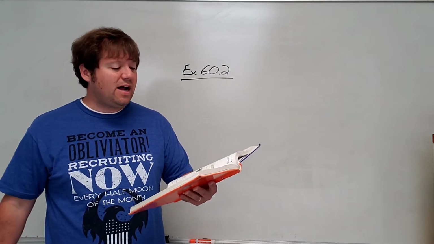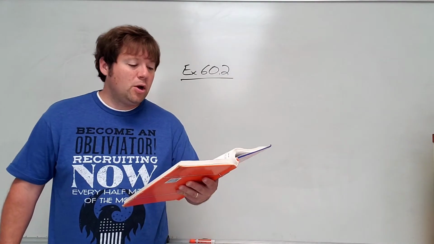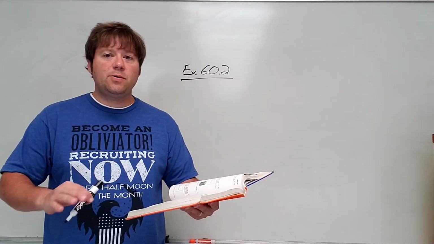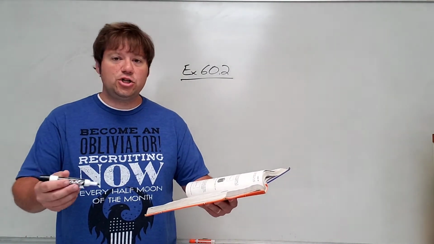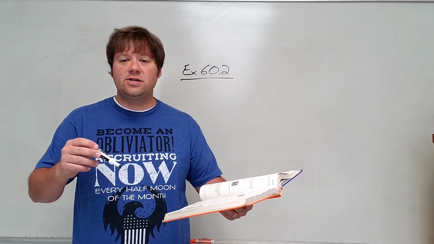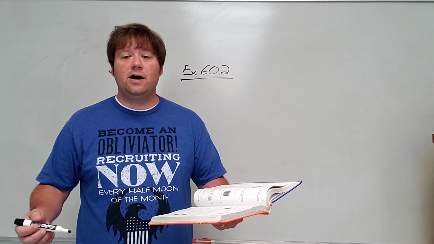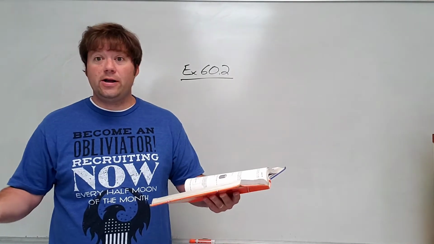So this one says find the lateral surface area of this right prism whose bases are regular pentagons. Now in the last problem it just said it was a pentagon. It was a 5-sided shape, and in the picture it was quite obvious that the 5 sides were not equal. A regular pentagon, though, is a 5-sided shape where all the sides are equal.